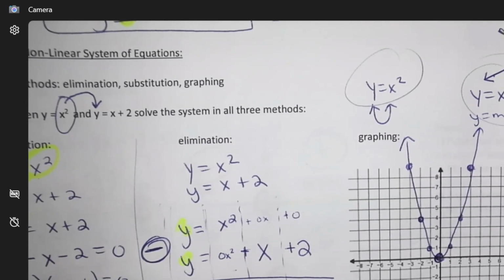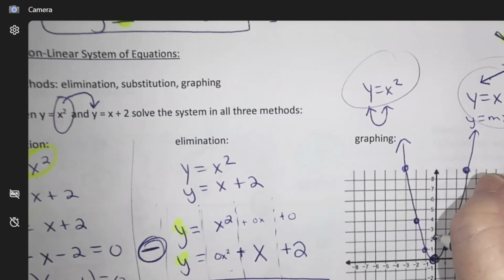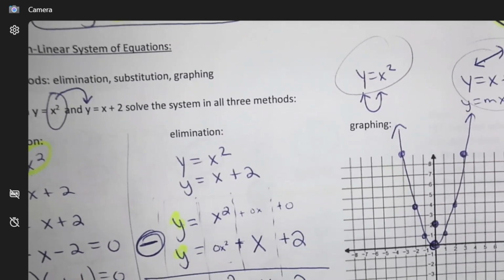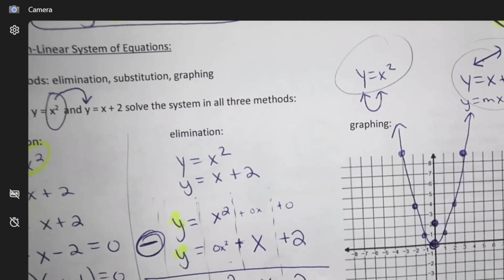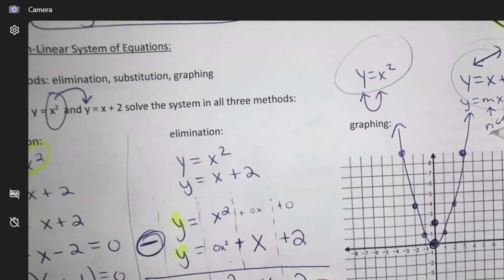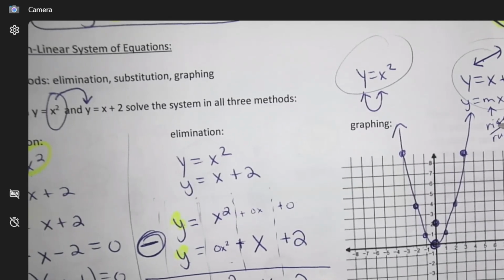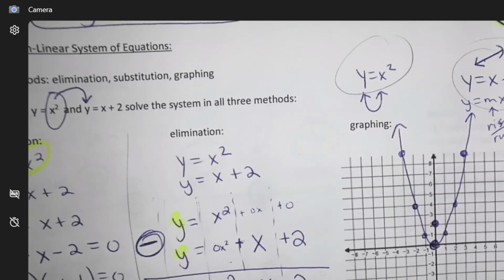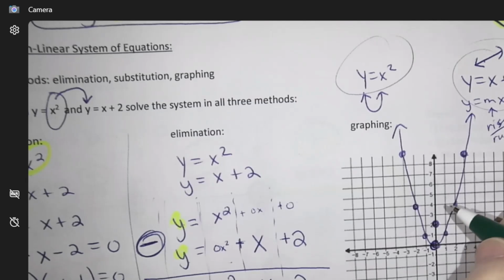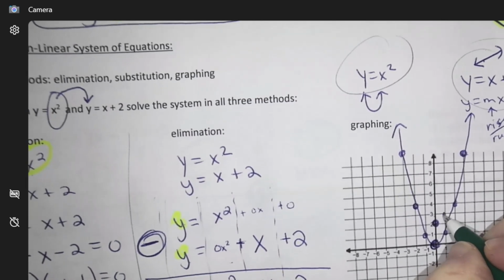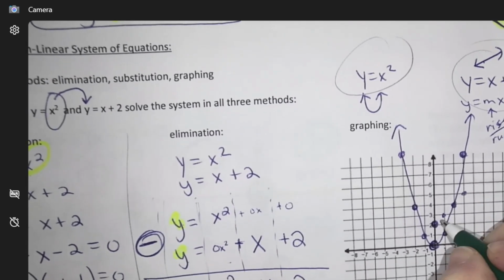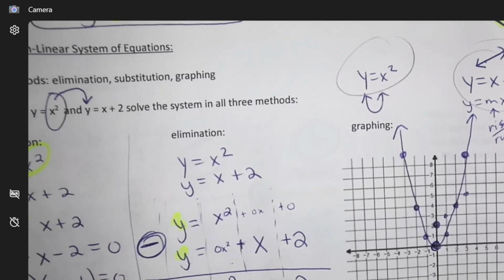So where should I think about starting this line? Y-intercept of 2. Remember that? Y-intercept. And this is telling me what to do with my rising and running. So I should go up 1, right 1, up 1, right 1. Okay, and I have a line.